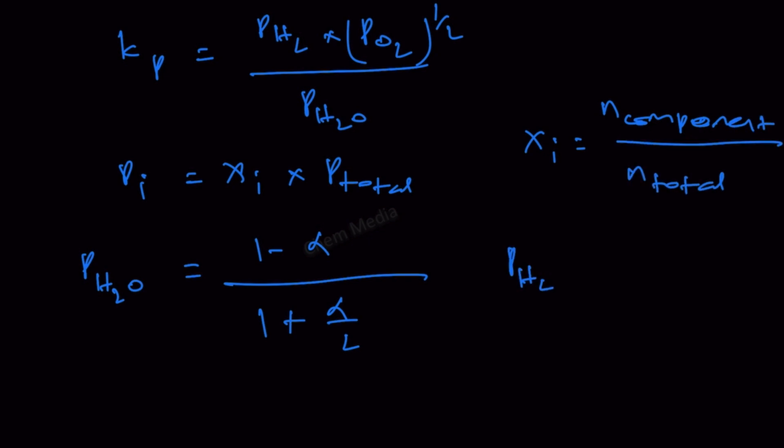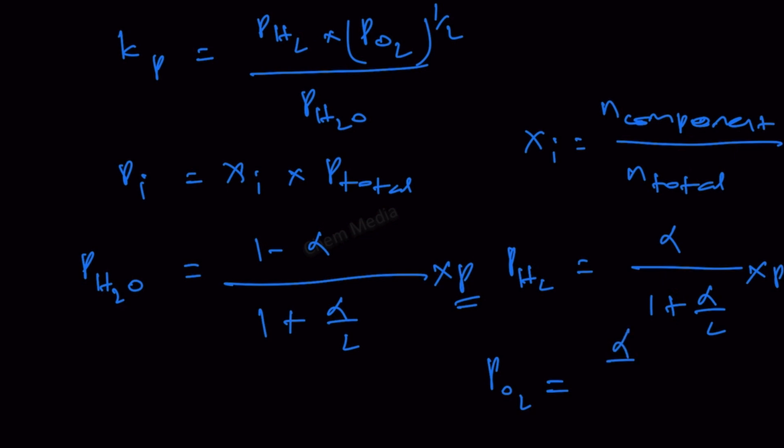And then partial pressure of H2 will be equal to alpha divided by 1 plus alpha by 2. Everything is multiplied by total pressure, but total pressure here is simply 1, so it doesn't matter. Partial pressure of O2 is equal to alpha by 2 divided by 1 plus alpha by 2 times total pressure.